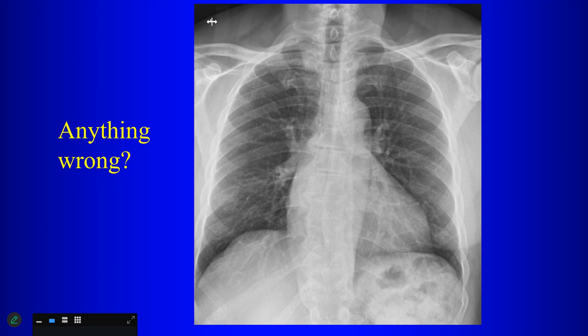Is it right paraspinal? Where's the right paraspinal line? So, what line is this? That's the aorta, right? This guy here is posterior. What line is this?